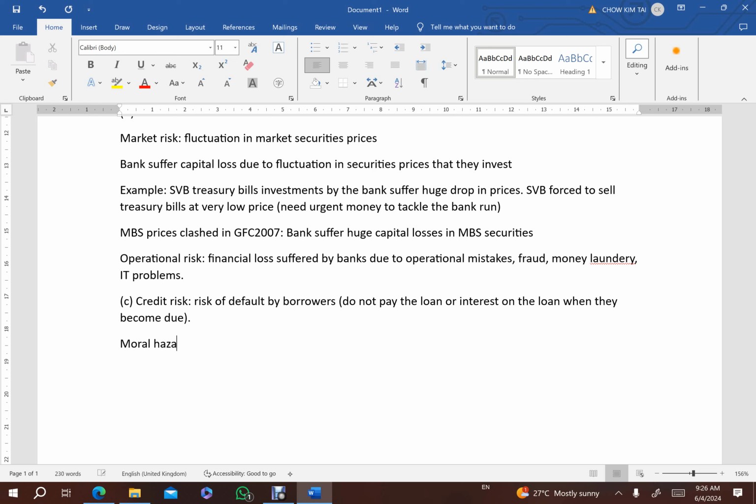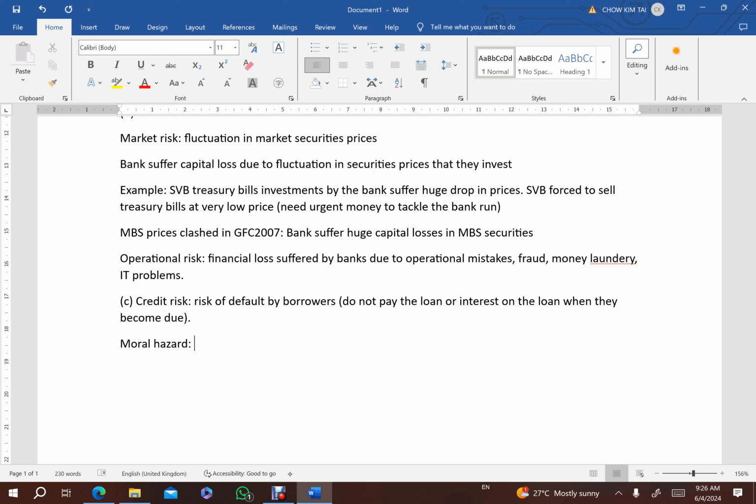This is after you lend the money. What is this? Okay, the borrower uses the money that they borrow from you and goes into risky activity, or they don't even go into the project that they intended to. Yeah, the company borrows money from the bank and says they want to build a factory, but actually there's no factory.